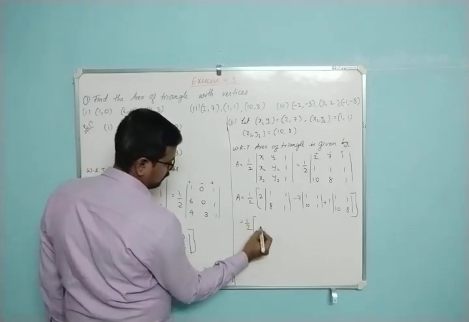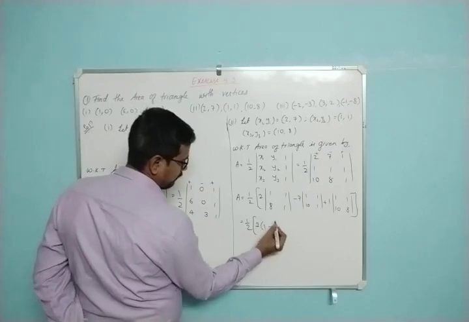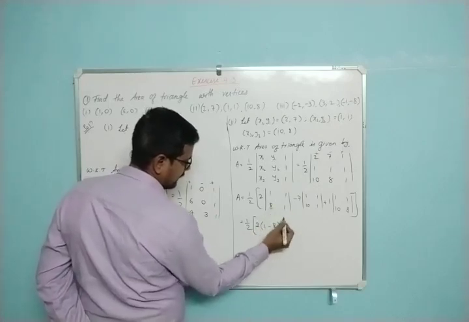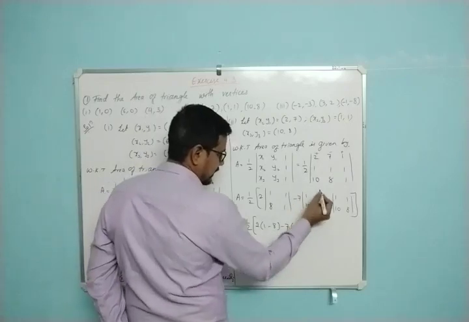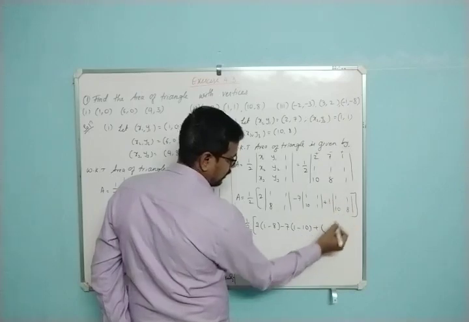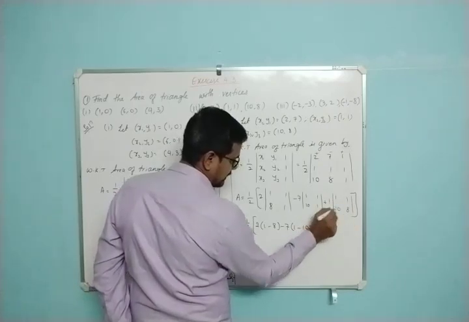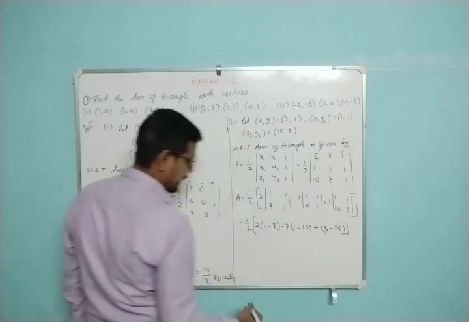Half into 2 into (1 into 1 is 1 minus 8 into 1 is 8), minus 7 into (1 into 1 is 1 minus 10 into 1 is 10), plus 1 into (8 minus 10).